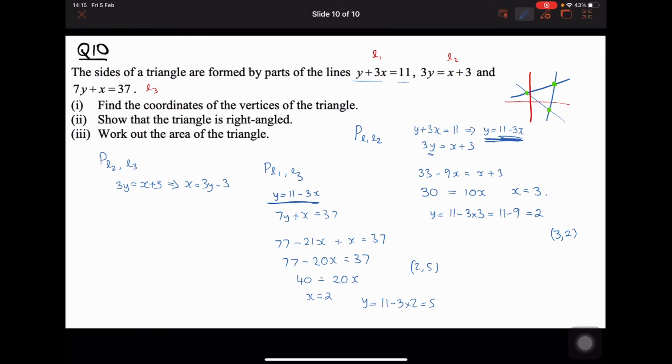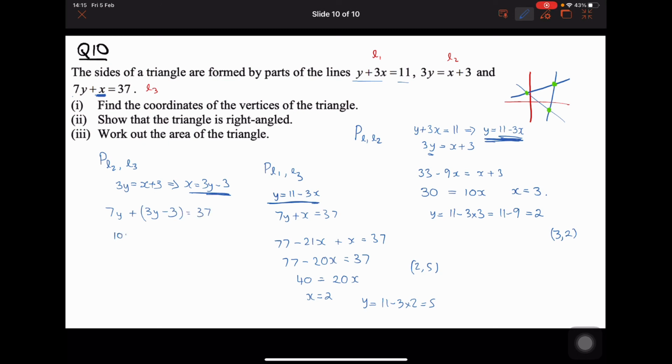We've rearranged the second equation, and now we're going to substitute it into the third equation. So I'll replace this x with 3y take away 3. 7y plus 3y take away 3 equals 37.